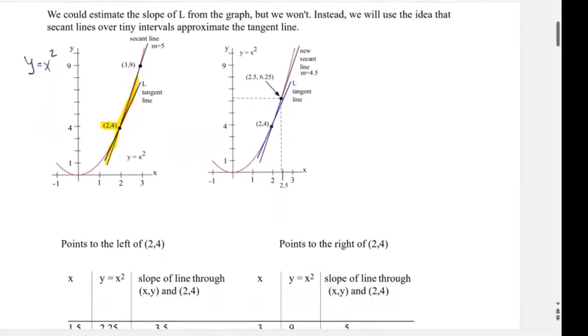So this other graph on the right basically is saying, okay, well, if I have a point here, well, this is at 2.5, and I have a point here at 2, I can kind of estimate because they're getting closer, right?